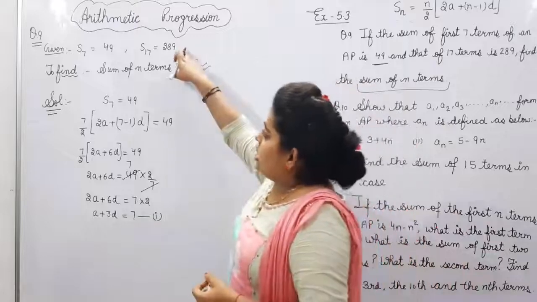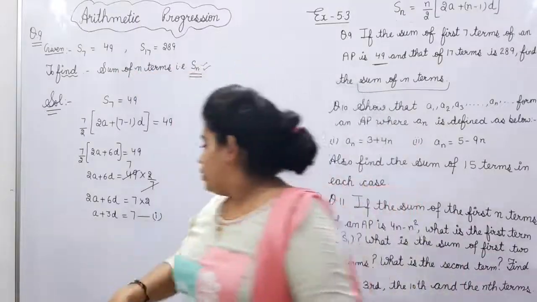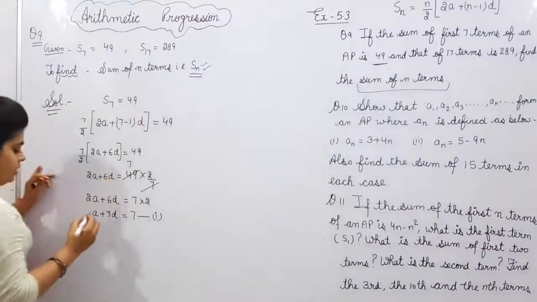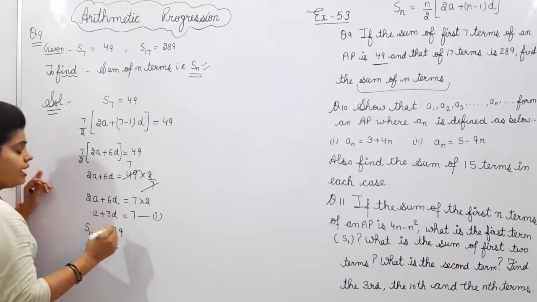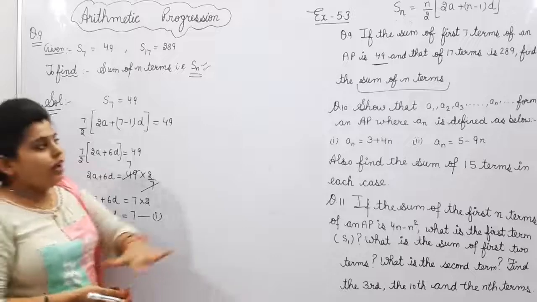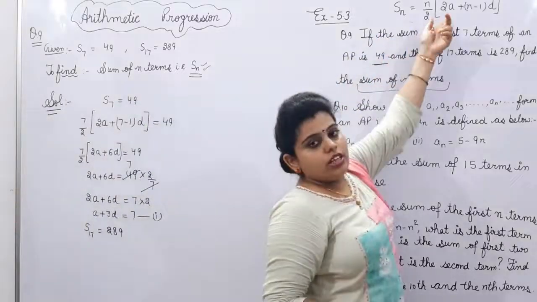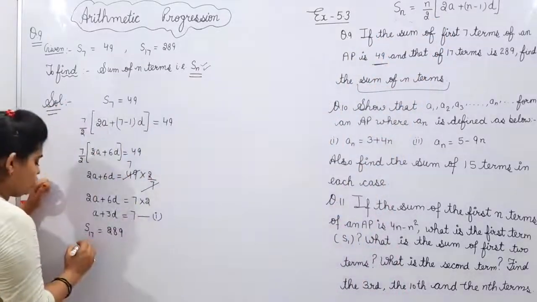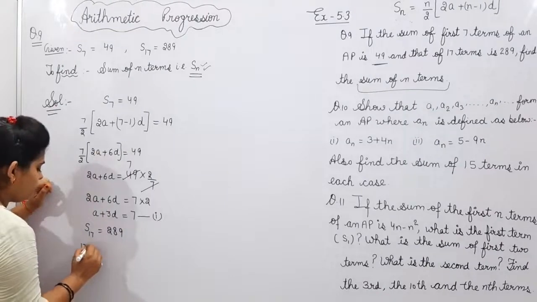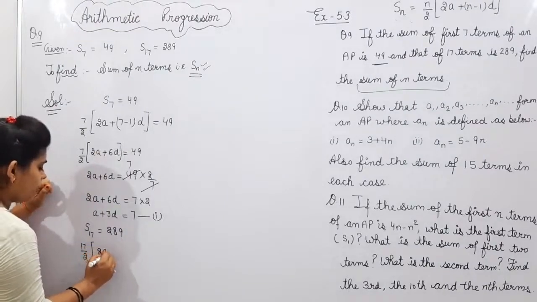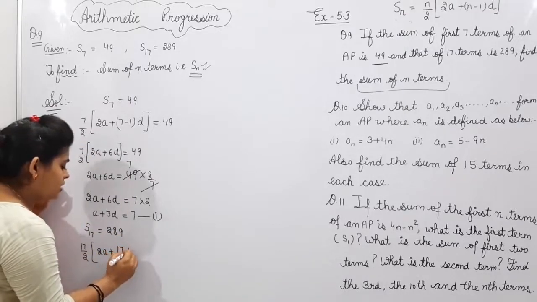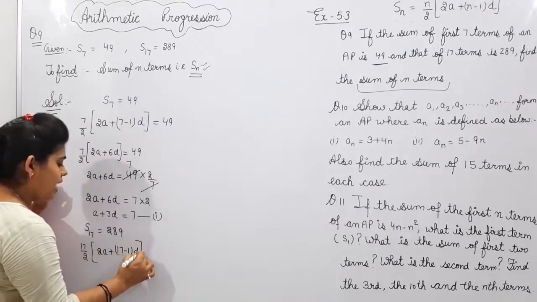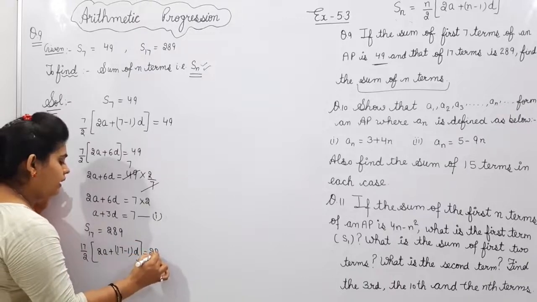Now using the other condition, we will form another equation. What is given? S17 is equal to 289, and this S17 will be equal to, by using this formula, 17 by 2 into 2a plus n minus 1, means 17 minus 1, into d, and it is equal to 289.